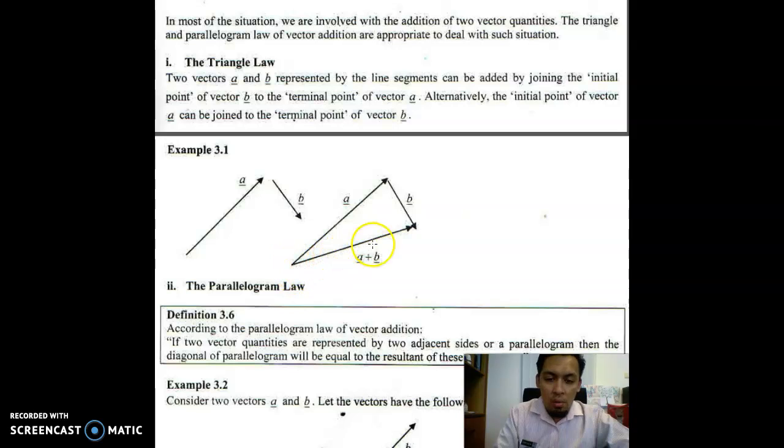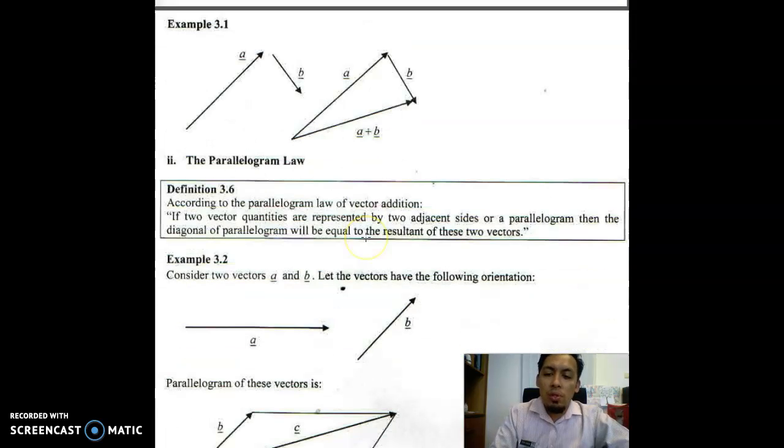Hence, we'll get a new line with a new magnitude and a new direction. This is the vector of A plus B. So graphically, this is how it should look when you sum the two vectors.